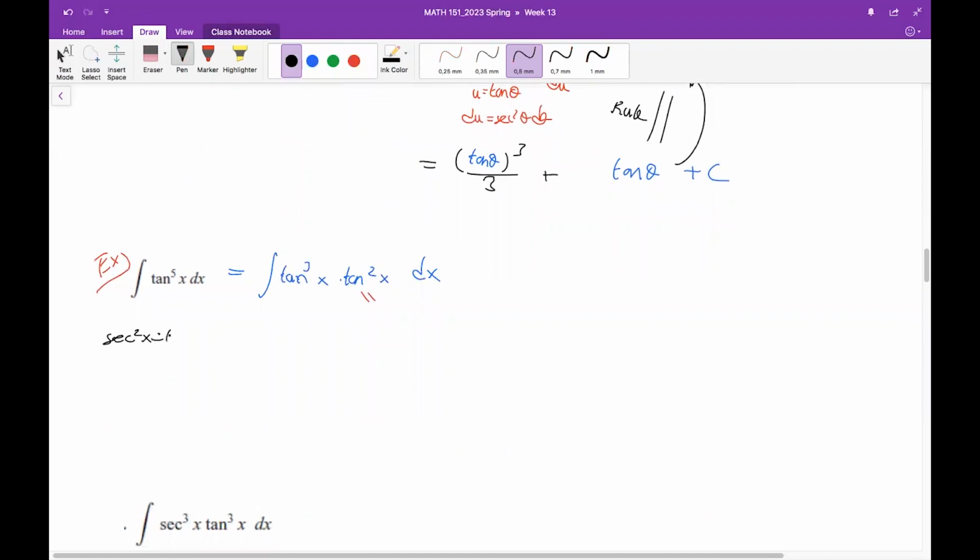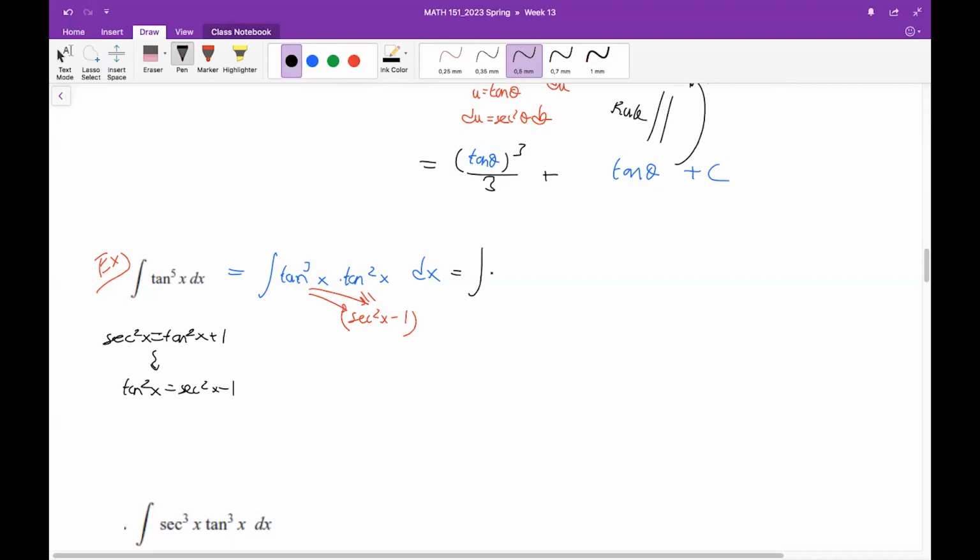Secant square x is tangent square x plus 1, like this. And you can rewrite this equality in this form. So tangent square x is secant square x minus 1. So I am inserting it here. Tangent square x is secant square x minus 1. Then do this multiplication.